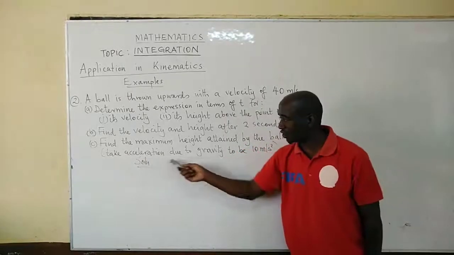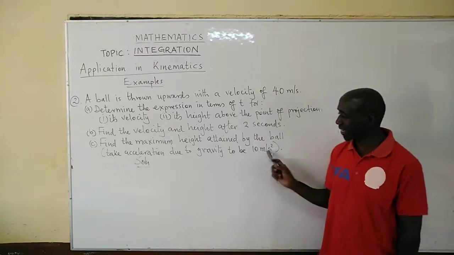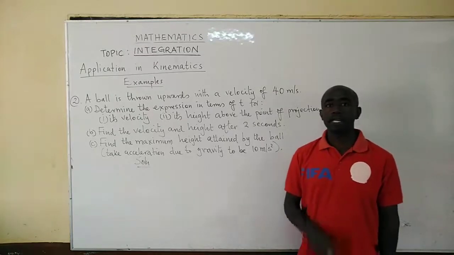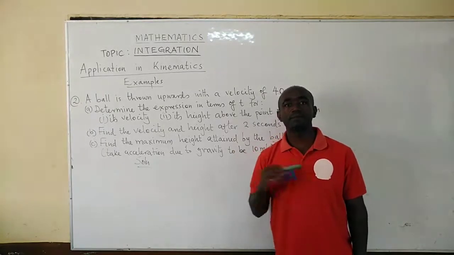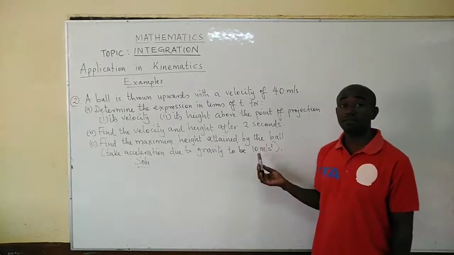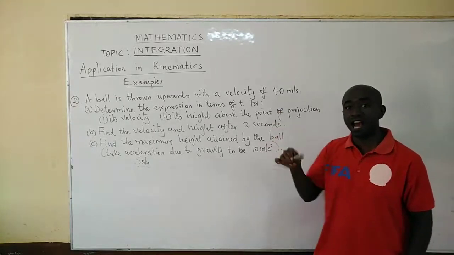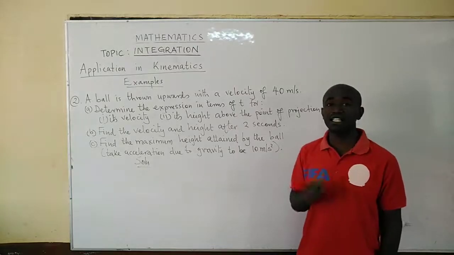Take acceleration due to gravity to be 10. Any object which falls freely accelerates downwards with this acceleration, 10 meters per second squared.